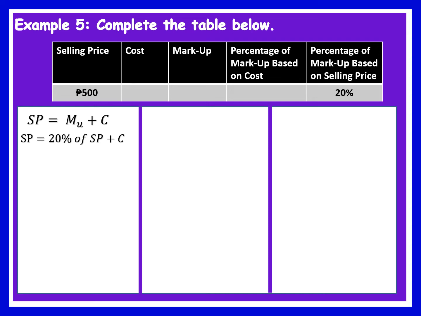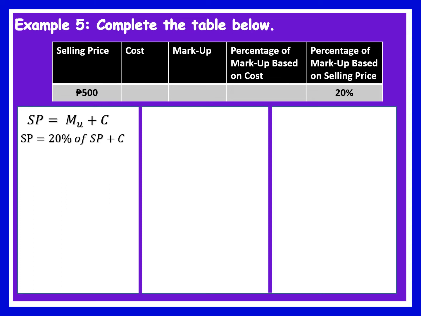So to arrive at the selling price, you add 20% of the selling price plus the cost. By the way, 20% is 0.2 and the preposition "of" represents multiplication. So this will become 0.2, and "of" will become multiplication.